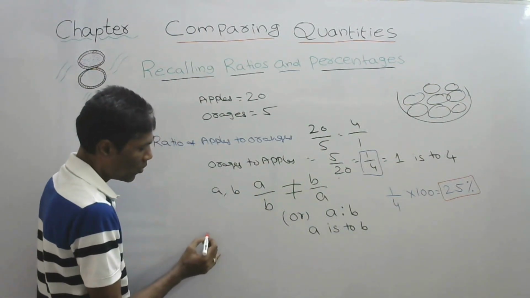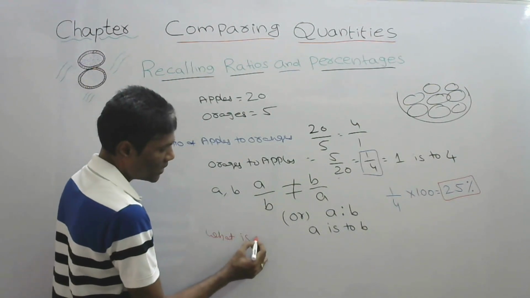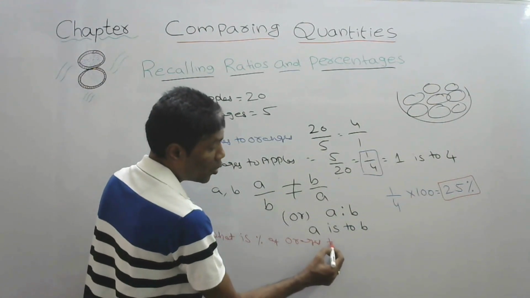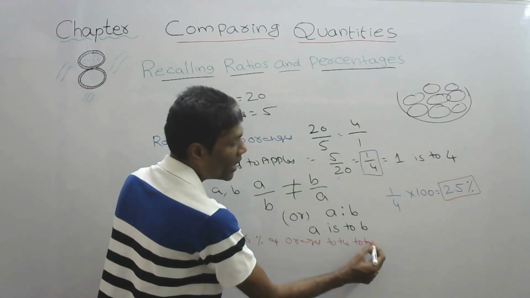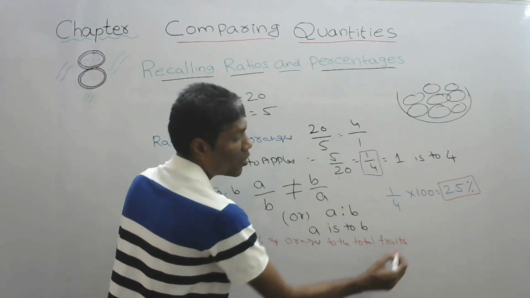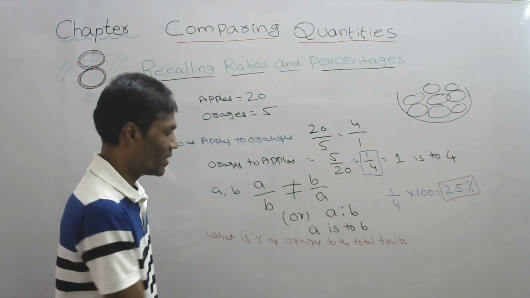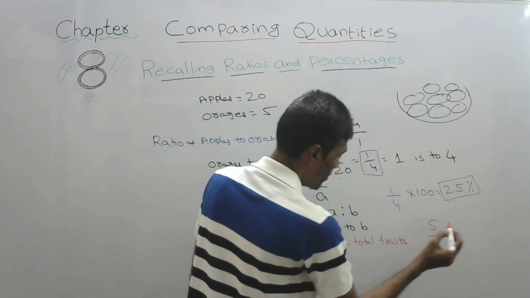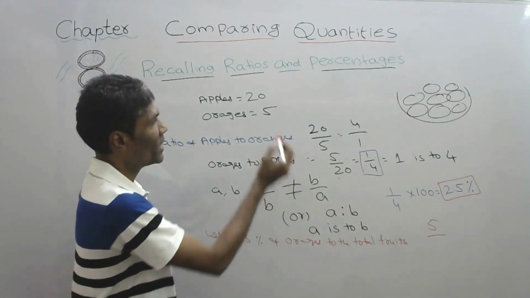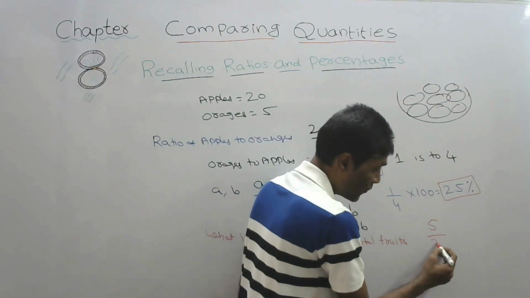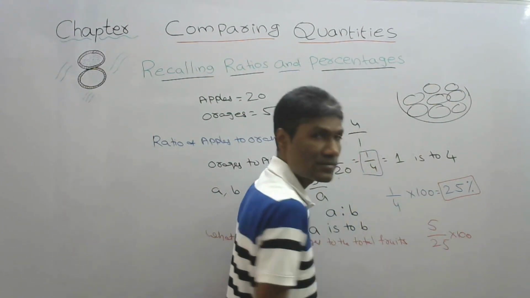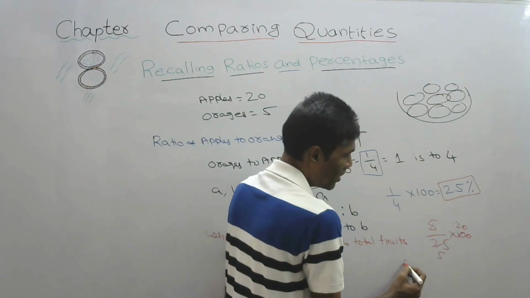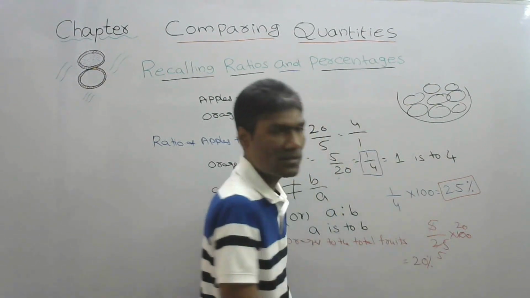If the question is, what is the percentage of oranges to the total fruits, then how many oranges are there? 5 divided by the total fruits, 20 plus 5, 25, into 100. 5 ones are 5, 5 fives are 25, 5 twenties are 100, so it will be 20%.